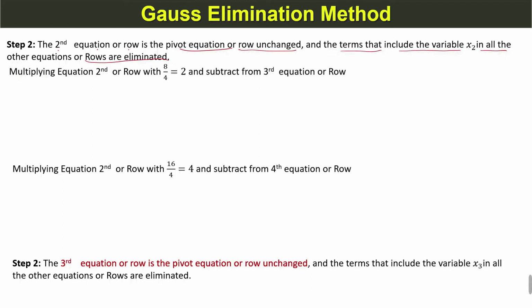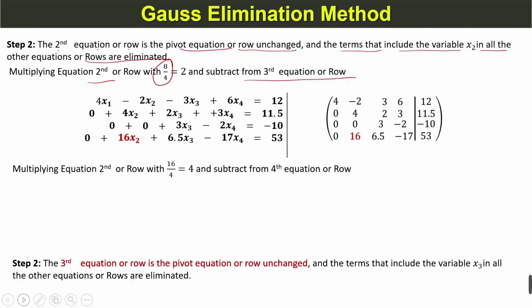Next we multiply the second equation or row by 8 by 4 and subtract from the third equation or row. Here we eliminated the term including the variable x2, and the entry below the diagonal element. This is the diagonal element, and we have eliminated this element, and next we eliminate this one.